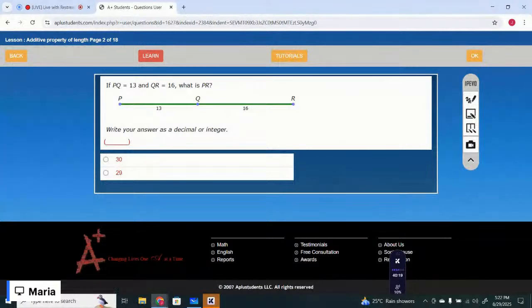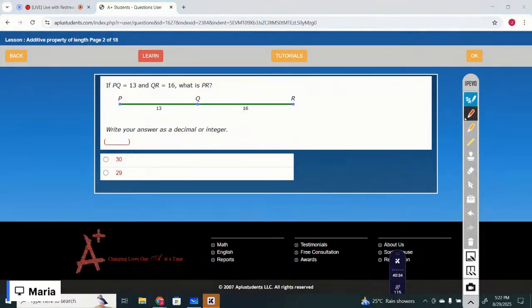If PQ equals 13 and QR equals 16, what is PR? So PR equals PQ plus QR.